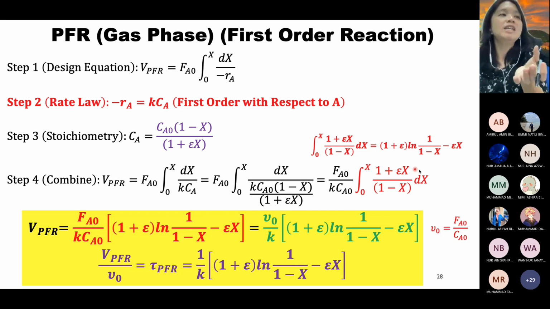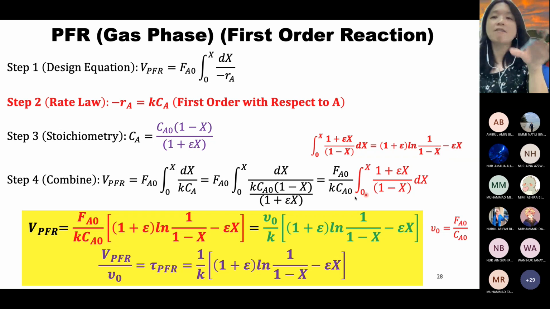Tapi dalam chemical engineering, this red color integral formula ni dah ada solution dia, which is equal to 1 plus epsilon ln 1 per 1 minus X minus epsilon X. So bahagian integral tu penyelesaian dia, saya just copy sahaja dan saya combine dengan FA0 per kCA0 yang ada previously. So that's why now I get the final equation, volume PFR equals to FA0 per kCA0 in bracket 1 plus epsilon ln 1 per 1 minus X minus epsilon X.